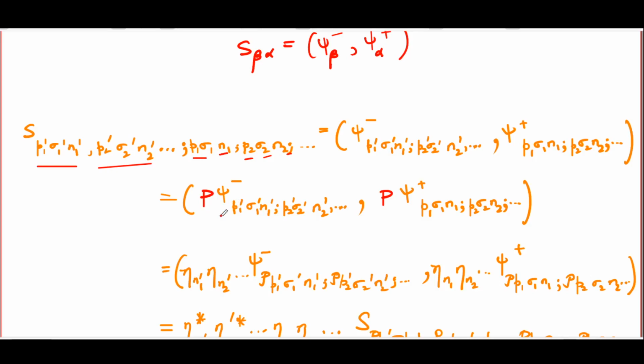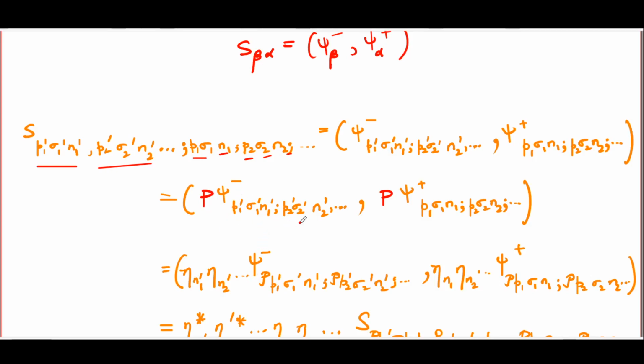When psi minus gets acted upon by capital P, you get psi minus curly P P1 prime sigma 1 prime N1 prime, curly P P2 prime sigma 2 prime N2 prime. Once again, the sigma and the particle labels don't change, the four momenta change with curly P acted upon them, with eta N1 prime, eta N2 prime, etc., multiplying the whole thing, which is of course what you get from a product of the intrinsic parities.